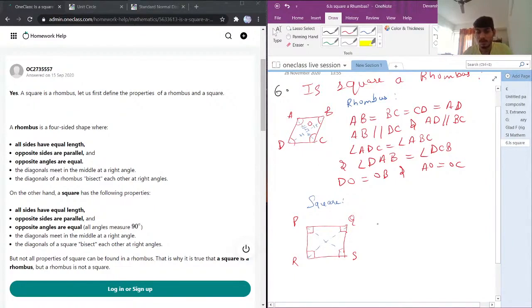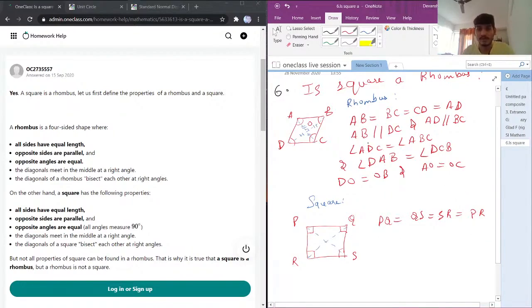In a square, all the sides are equal, which means PQ equals QS equals SR equals PR.